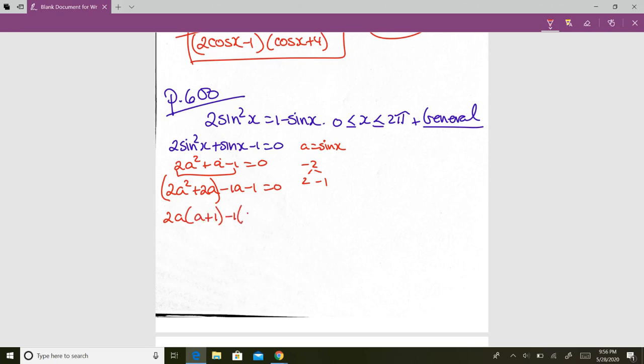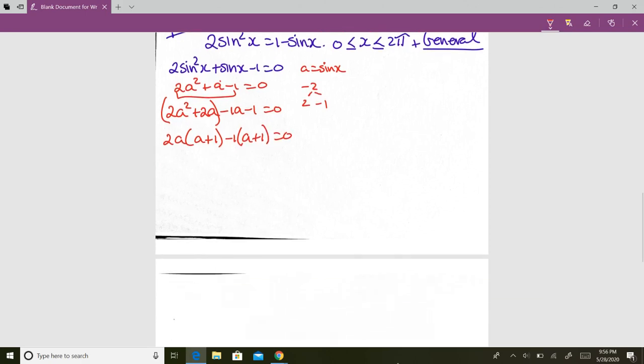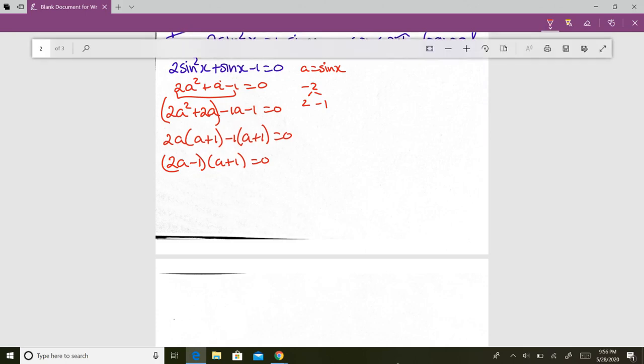Take the negative 1 from the second two, a plus 1. So this is 2a minus 1 and a plus 1. Remember, a was sine x, so it's 2 sine x minus 1 and sine of x plus 1 equals 0.